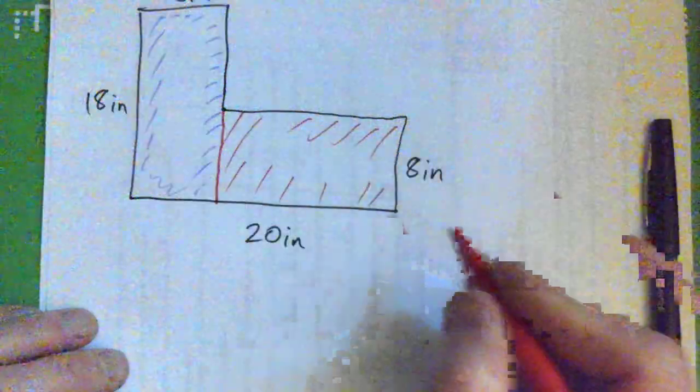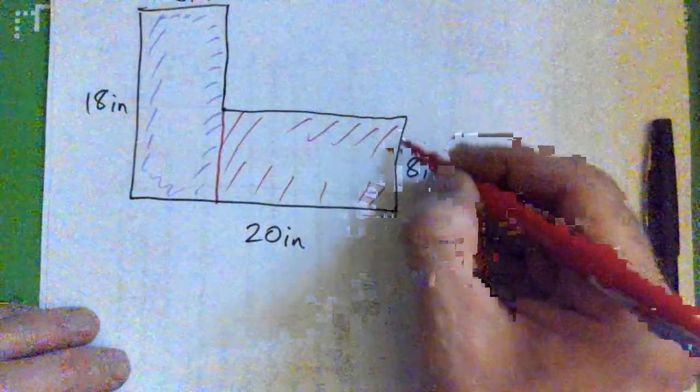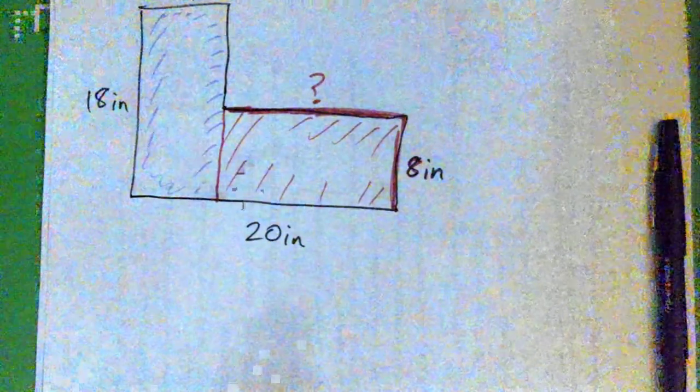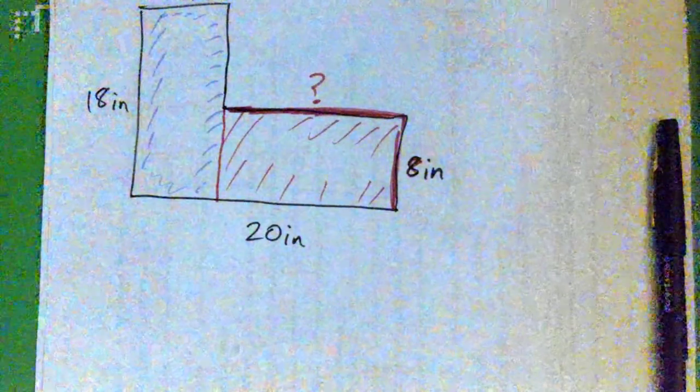So if we start with the red one, we already know that it's 8 on this side, but we need to figure out the length of this side, correct? What is this length here? That's the trick. So take your time and figure that out. Everyone watching from home, just press pause on the video.